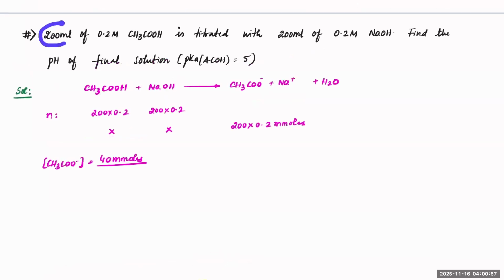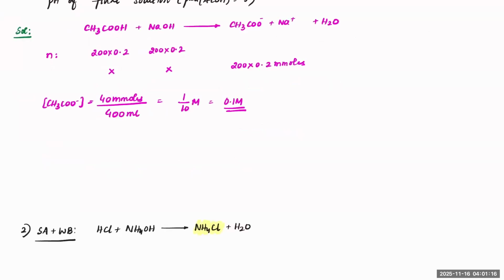We can say it is 200 plus 200, total 400 ml. So which makes it 1 by 10 molar. Sorry, 0.1 molar. So this is the C naught value, everybody. So we got the C naught value.